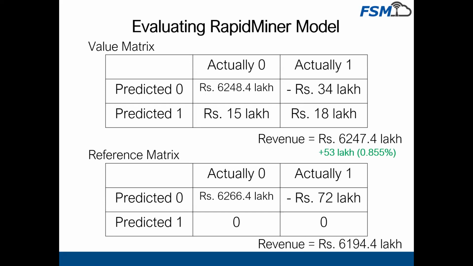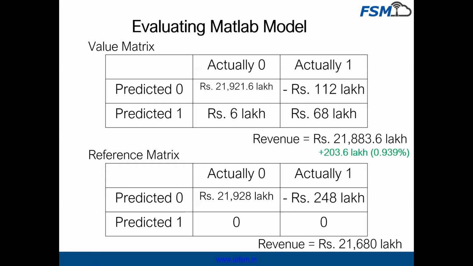If we evaluate the MATLAB model, we will see that it has a better chance of capturing the breakdown events as compared to the RapidMiner model, while misclassifying a very, very small number of events as requiring maintenance.